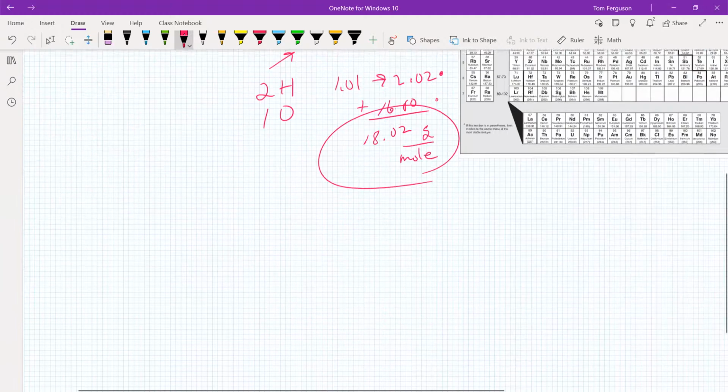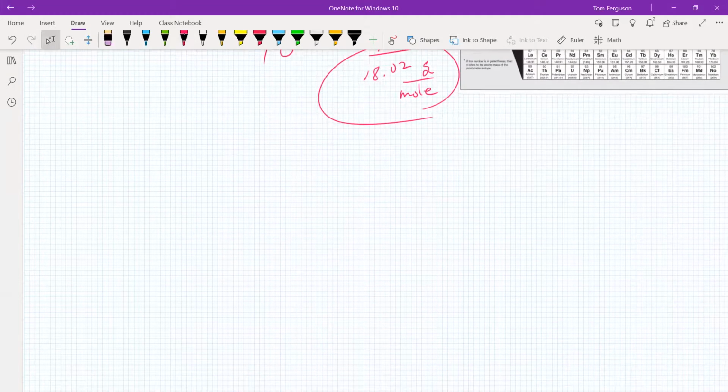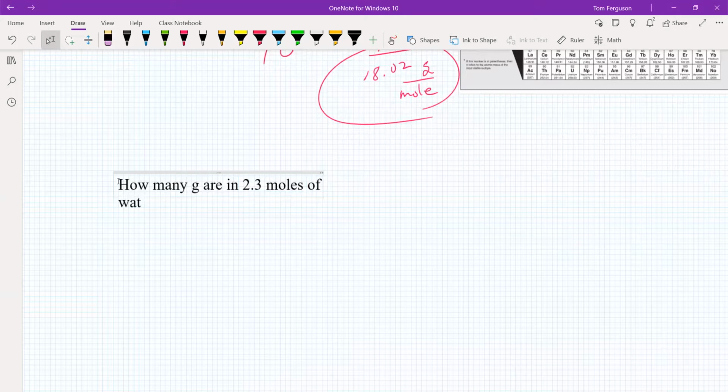Okay, so let's jump in and do some problems here. Typical problems. Okay, how many grams are in 2.3 moles of water?